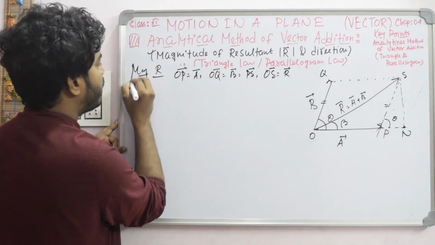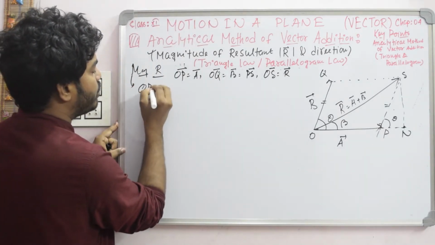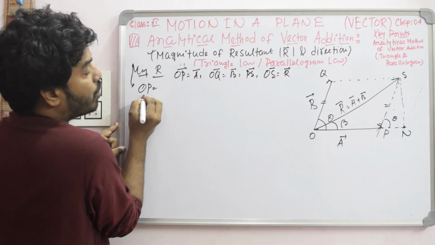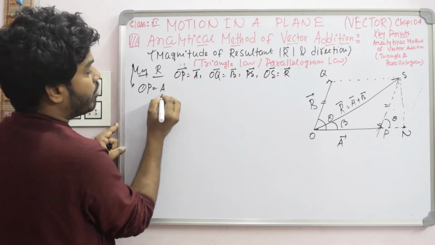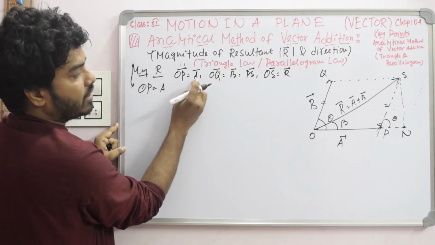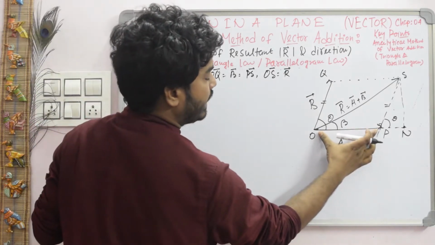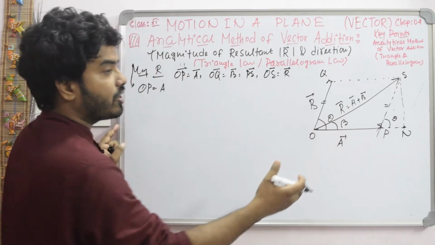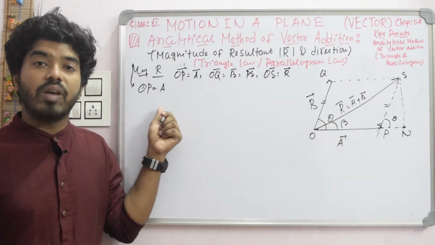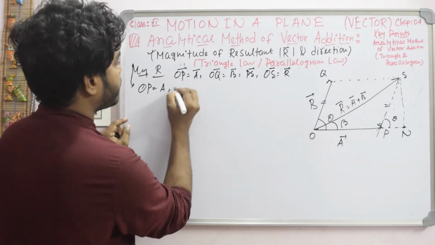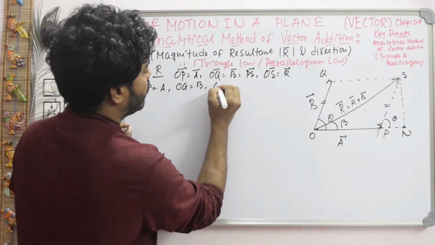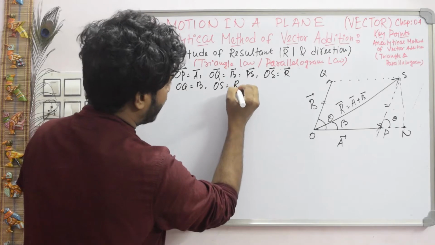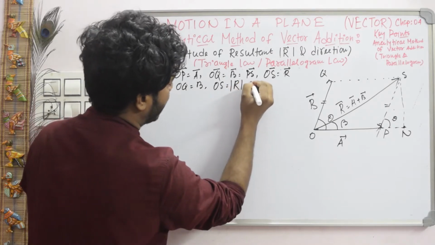Now you have to find the magnitude. For magnitude, you just write only OP, not the direction. So OP represents the magnitude of vector A. Just this length gives the magnitude of vector A. In the same way, OQ is the magnitude of vector B, and OS is the magnitude of vector R. Here you have to find this magnitude.